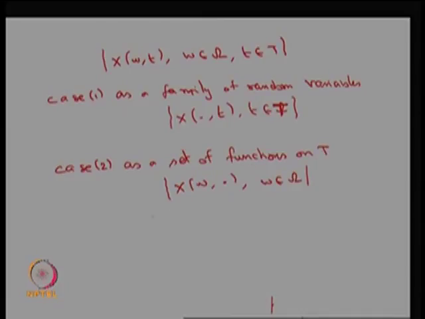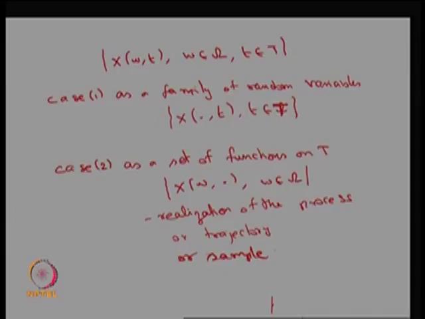Therefore, this is going to be the method of realization of the process, or it is going to be called a trajectory, or it can be called a sample path, or it can be called a sample function also. So, these are all the different ways case 2 can be called.